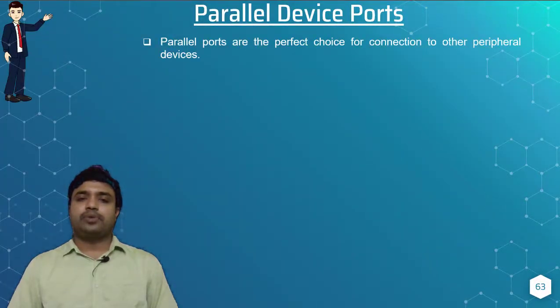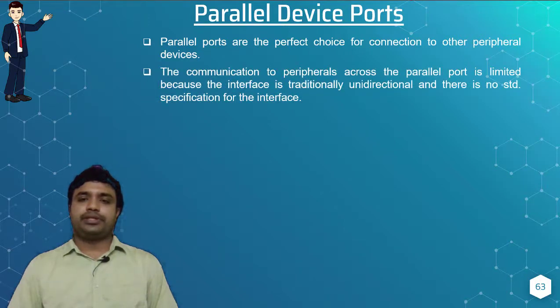Next is parallel device ports. Parallel ports are the perfect choice for connection to other peripheral devices. Why? Because we can achieve higher data rates and data speeds. But communication to peripheral access using a parallel port is considered to be limited, because there is no standard specification for the interface.